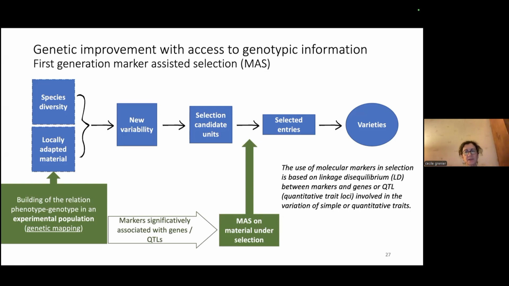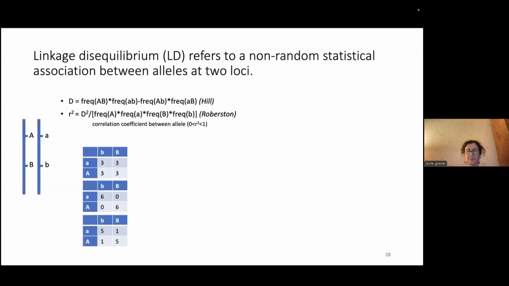This concept is based on the linkage disequilibrium between markers and genes or QTL, which is involved in the variation of simple or quantitative traits.